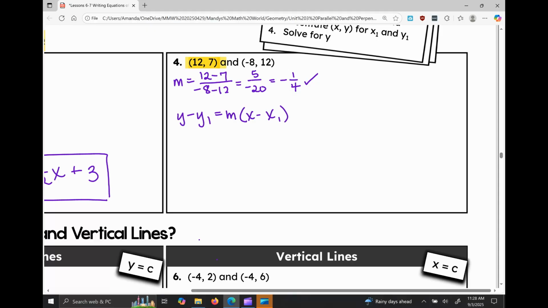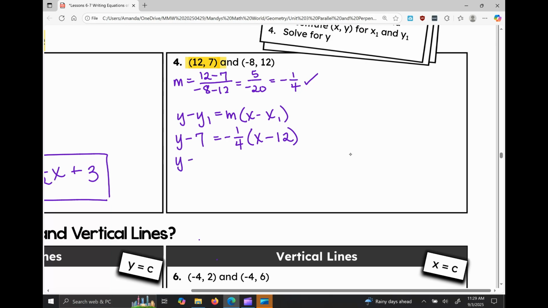So now we're just going to plug in our coordinates, x and y, and our slope, which is -1/4. So y minus the y value, 7, equals the slope, -1/4, times x minus the x value, which is 12. And now we're just going to simplify it, solve for y.